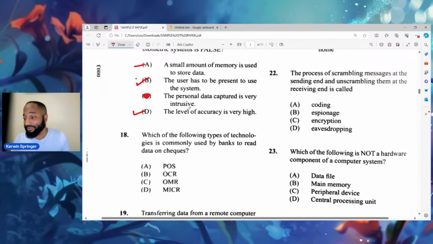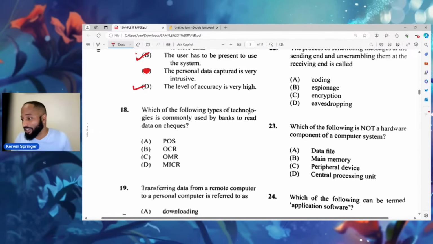It depends. Which of the following types of technologies is commonly used by banks to read data on checks? OCR or MICR. What are they using? What does POS stand for?